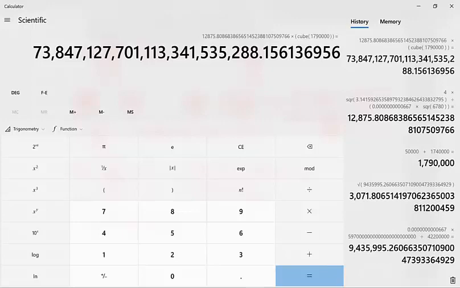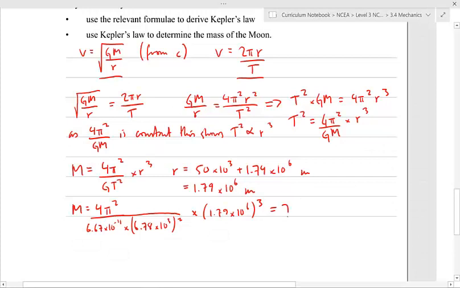Unfortunately the calculator doesn't do scientific notation, but we go 3, 6, 9, 12, 15, 18, 21, 22. So it's 7.38 times 10 to the 22 kilograms.